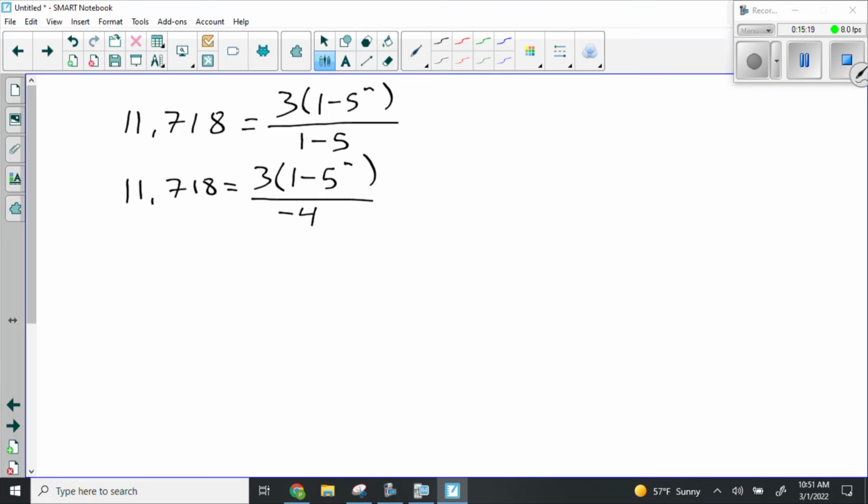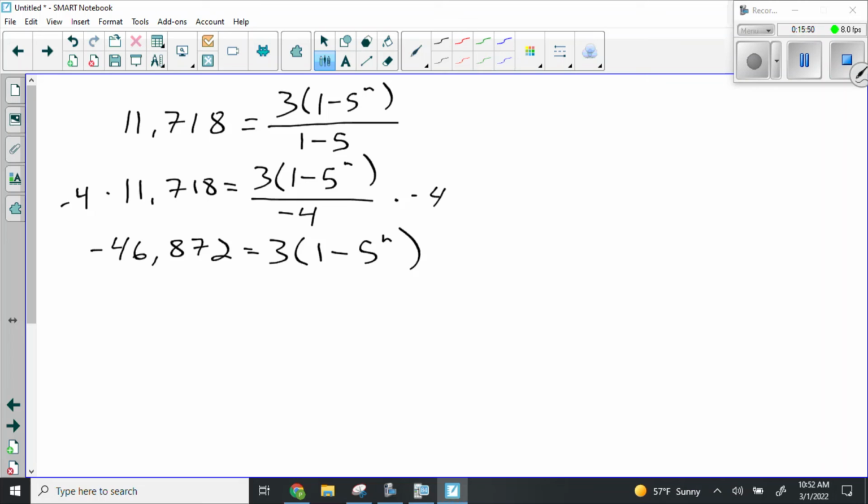And so now we need to multiply both sides by negative 4 to get rid of the negative 4 in my denominator. We're going to get negative 46,872 over here. We get 3 times 1 minus 5 to the n power.